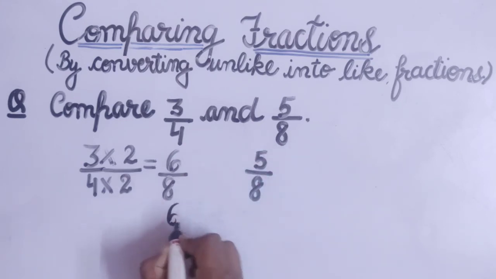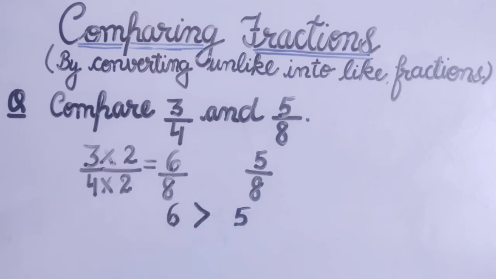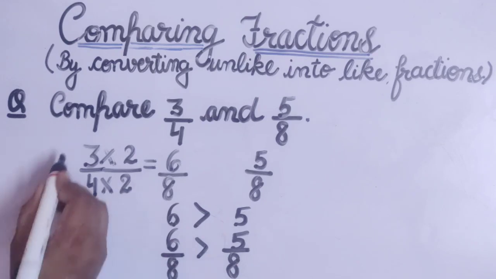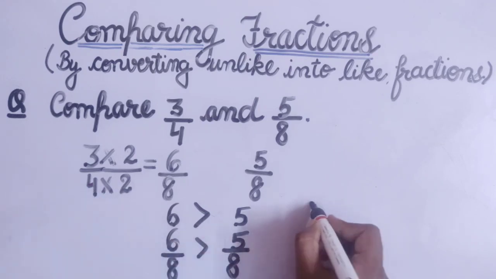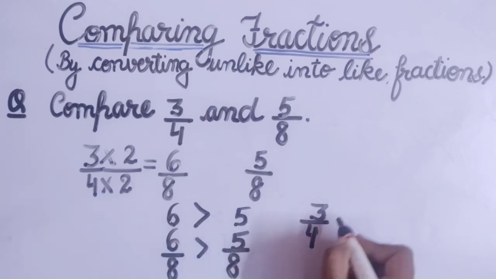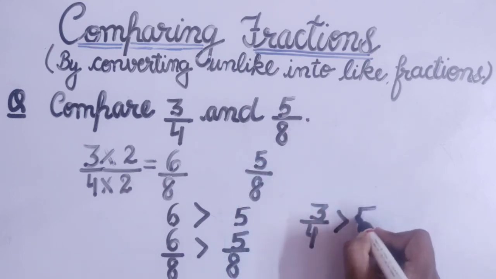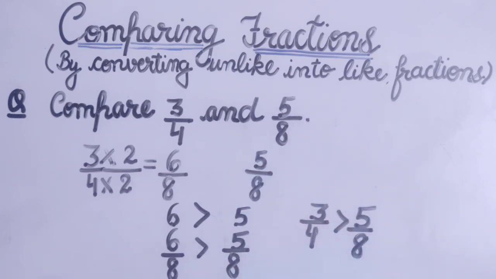Now we see that 6 is greater than 5, so 6 by 8 is greater than 5 by 8. Since 6 by 8 came from 3 by 4, we say that 3 by 4 is greater than 5 by 8. I hope, students, it is clear to you how to compare the given fractions.